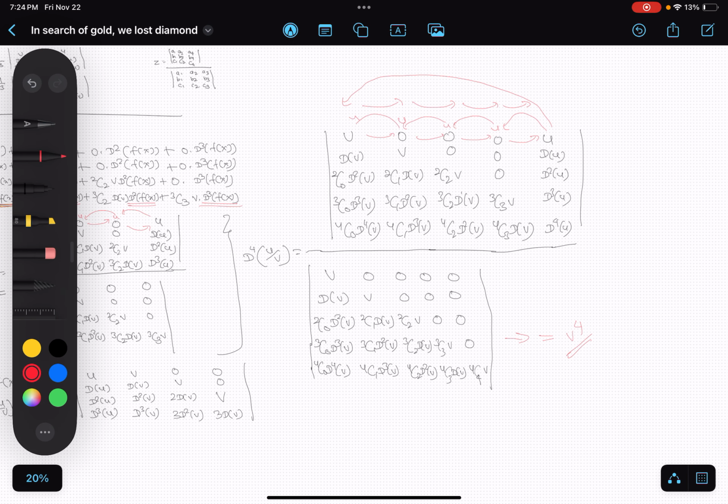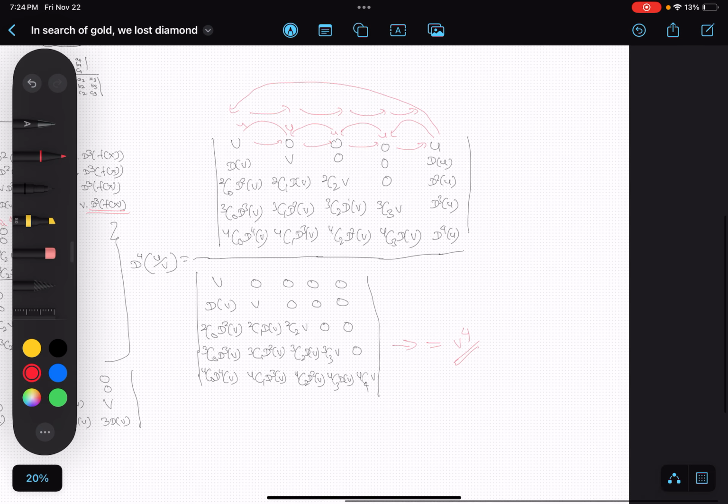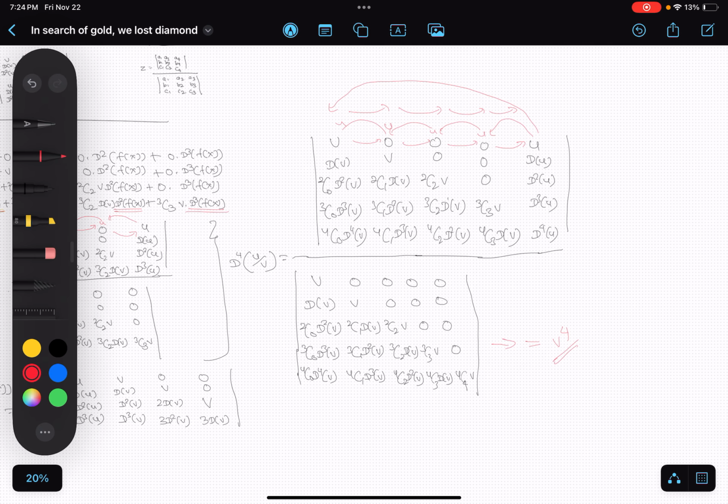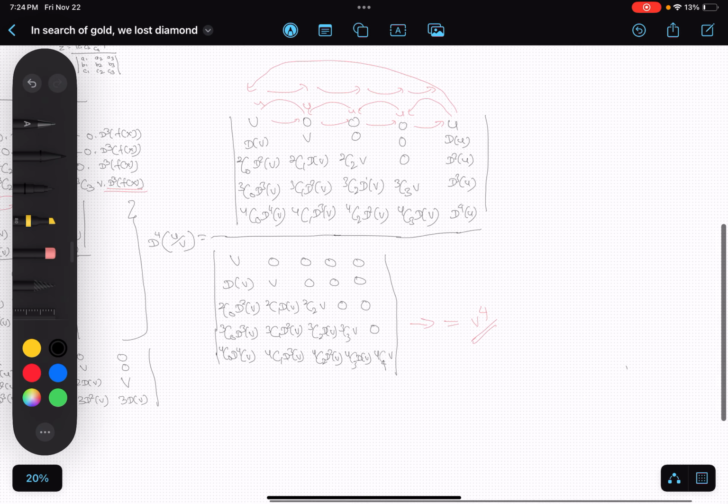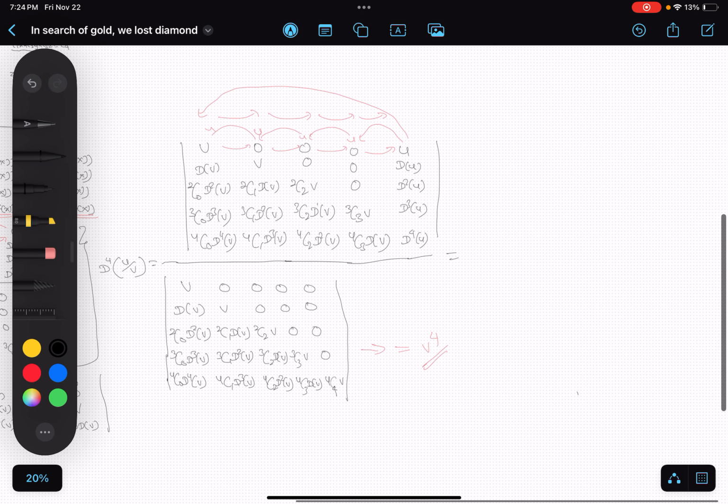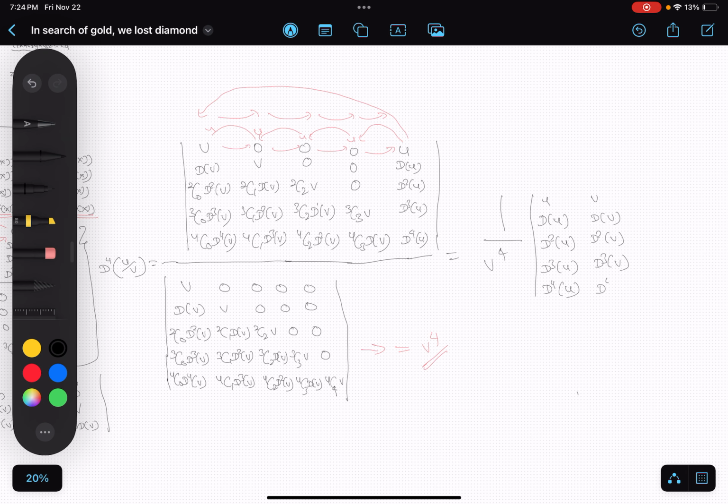You can definitely take this to the first. Do you want me to do it? Okay, for the sake of completion I'm doing it. So this will just be 1 by b to the power 4, and the determinant will just be u, du, d square u, d cube u, d to the power 4 u, and this is b, dv, d square v, d cube v, d to the power 4 v, right?